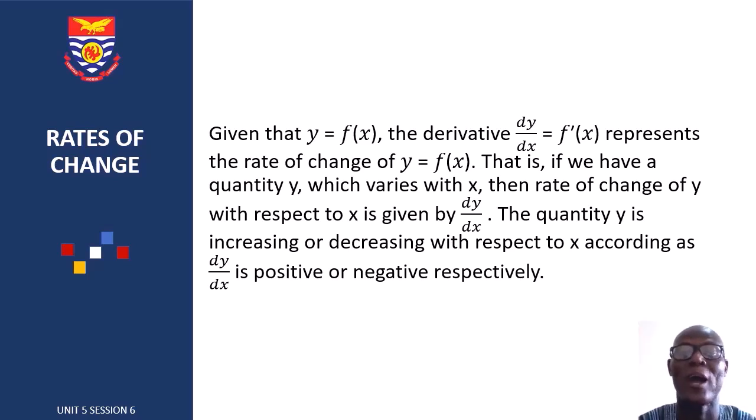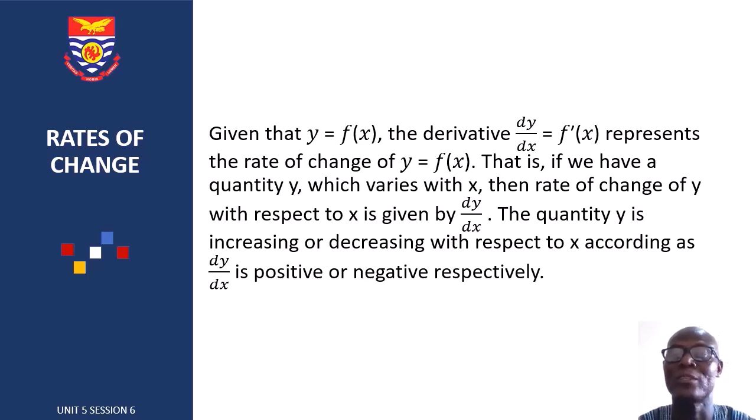For example, y can be the cost of bread which varies with x, the cost of sugar. So the change in the cost of bread with respect to the cost of sugar can be written as dy over dx.